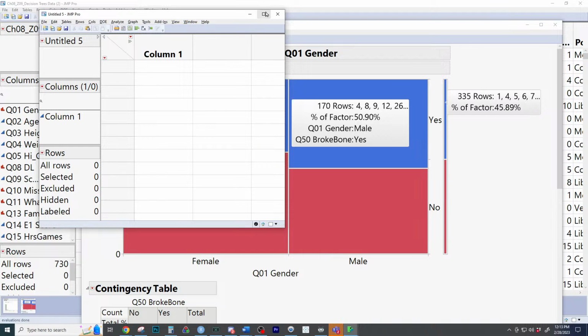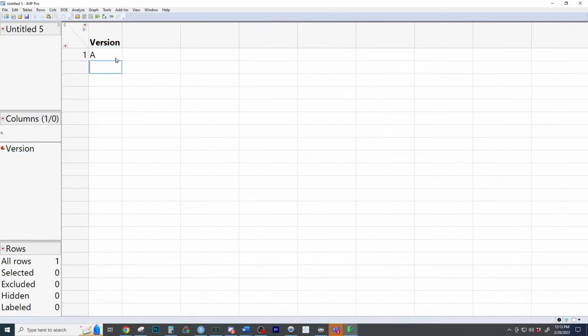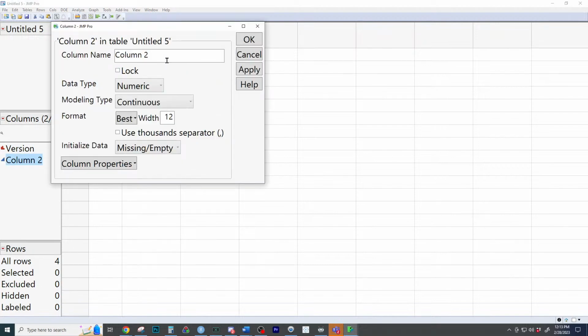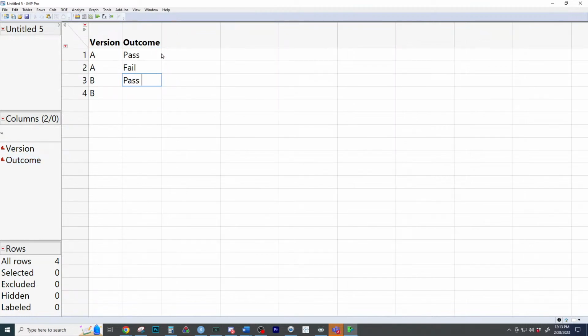And one way I like to really display this is if we were to give you a version of the test. So version of test, and we have A, B. And then we have outcome, and we have here pass, fail.